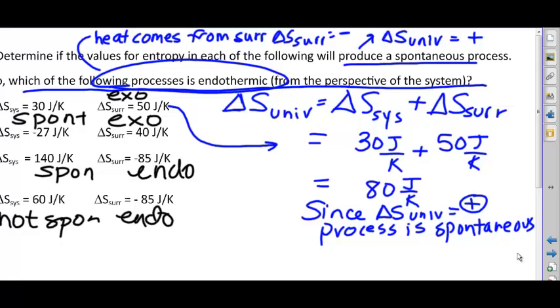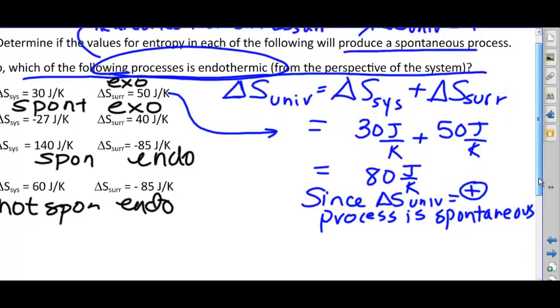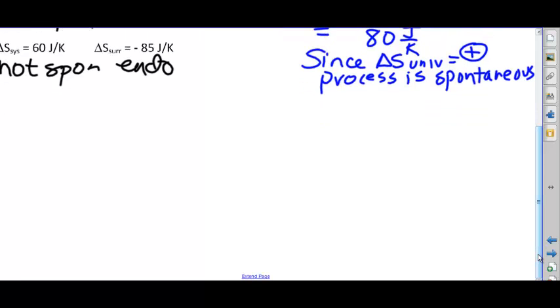It's exothermic. If the entropy of the surroundings goes down, then delta S of the surroundings is negative. It's losing heat. Heat is being absorbed by the system. The system is endothermic. Delta H is positive for the system. Okay? So I think it's important that maybe we make a note of this because it is kind of crazy. Right?